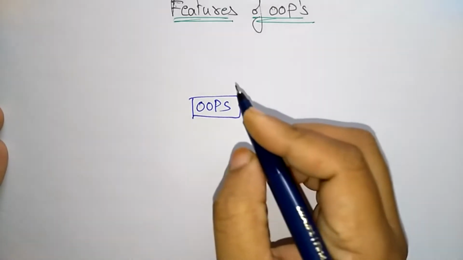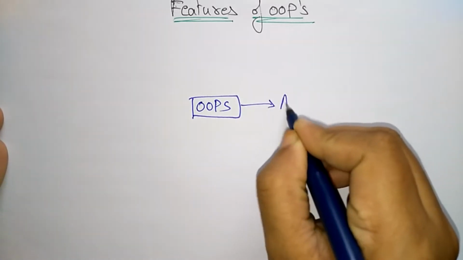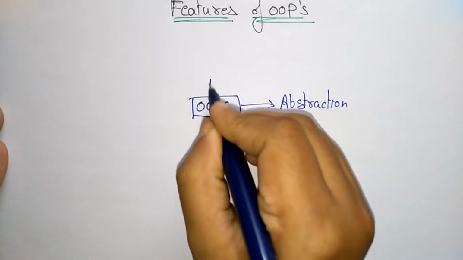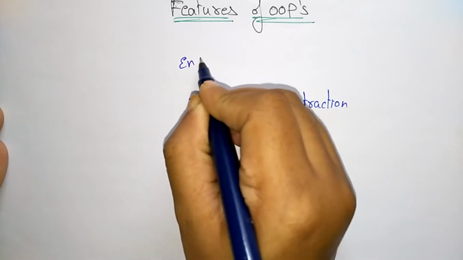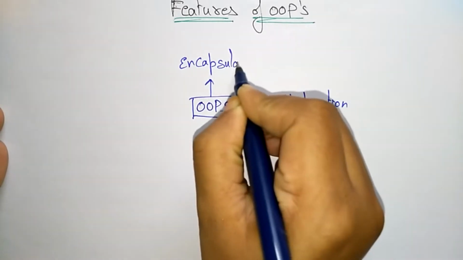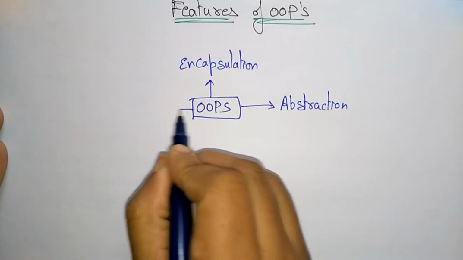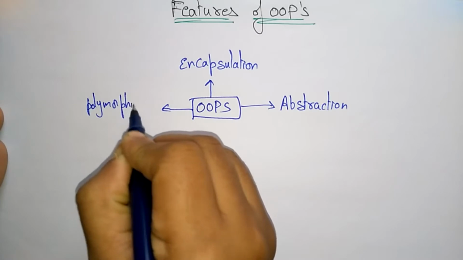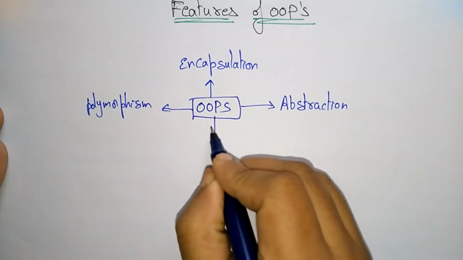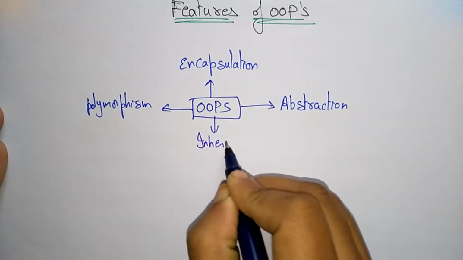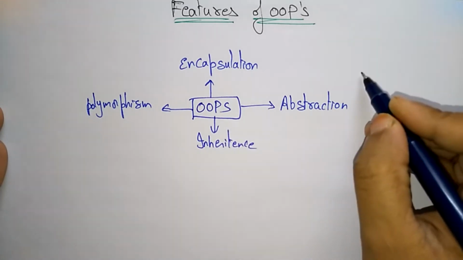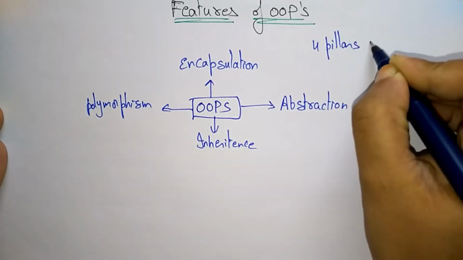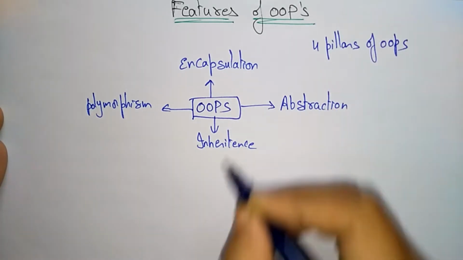The main features of object oriented programming are abstraction, encapsulation, polymorphism, and inheritance. These are the 4 pillars, we call them the 4 pillars of OOPS.